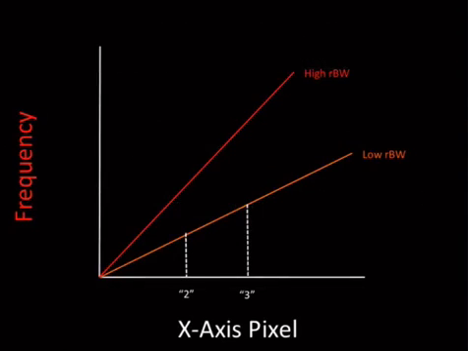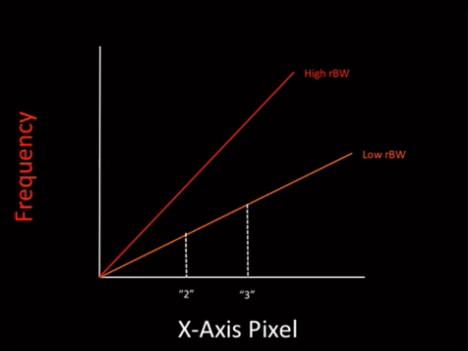So I had this chart that I drew to try to understand this because I'm like a visual thinker. So we've got high and low bandwidths here. And here's our frequency up and down here, and this is our location.